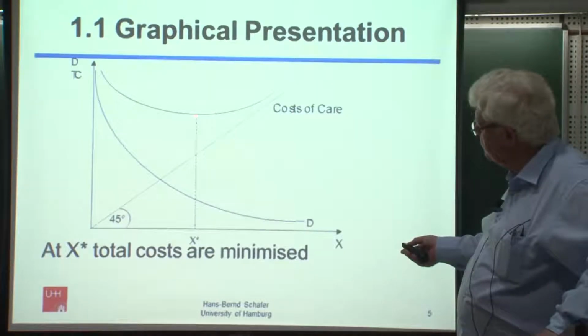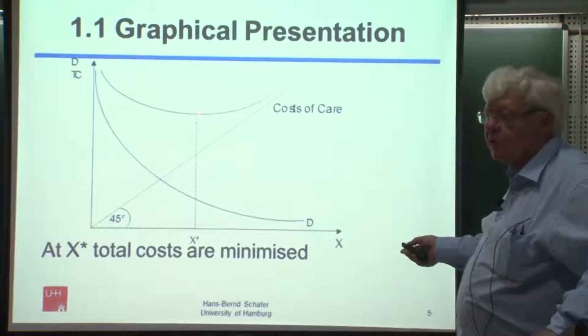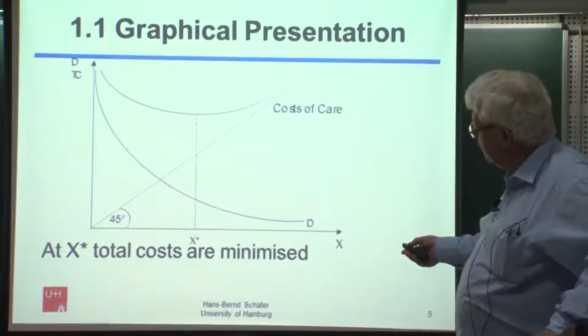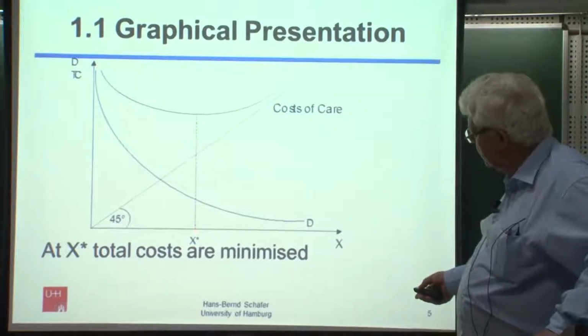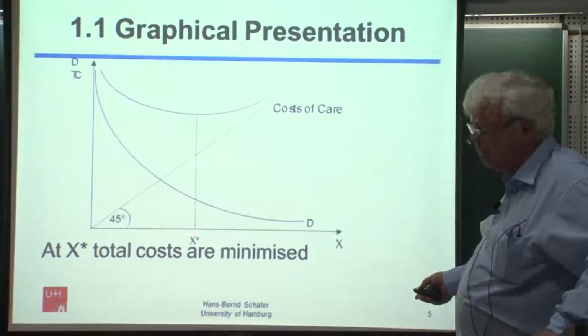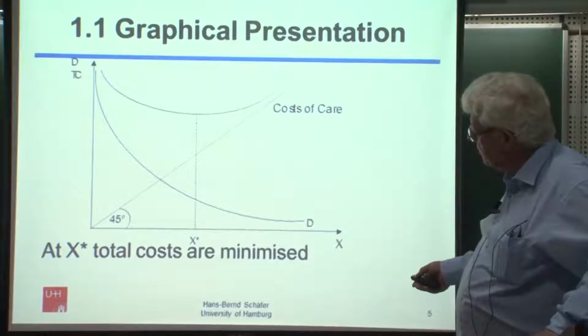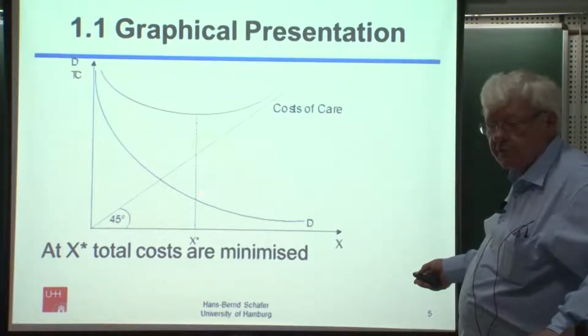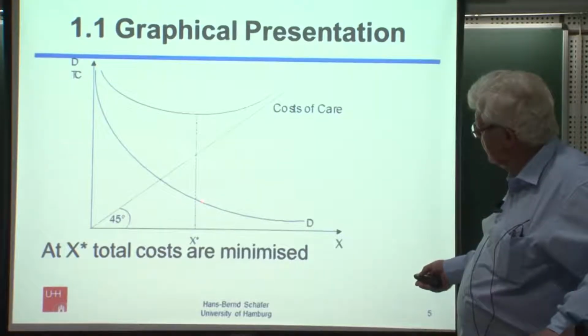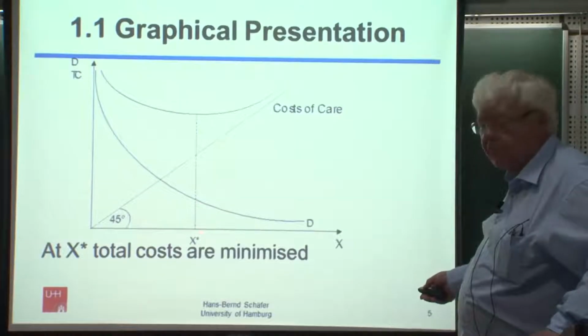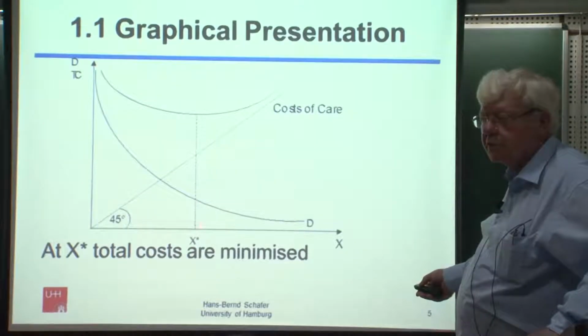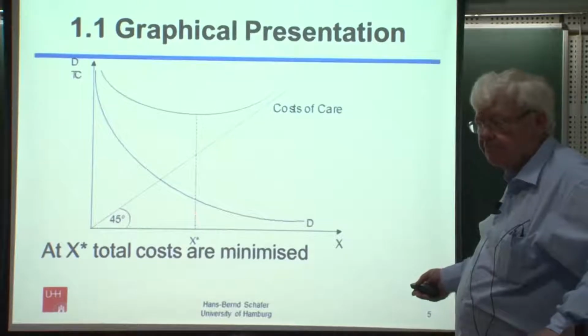So you have here one point at which these costs are minimized. And therefore from here you can deduce this is the optimal level of care, and these are the damages which still arise at the optimal level of care, and that is the level which is efficient, which we want to achieve. See?